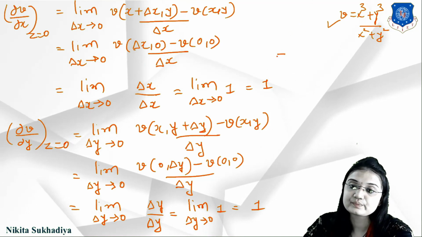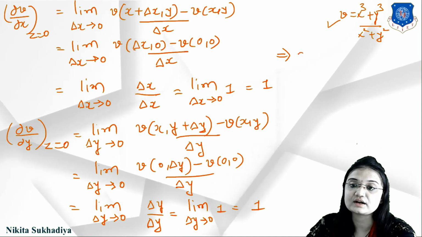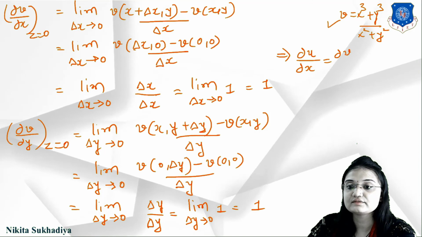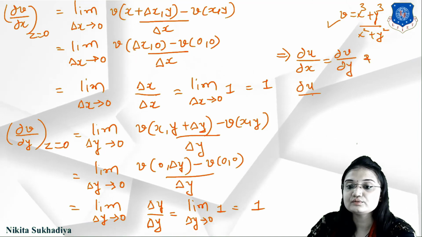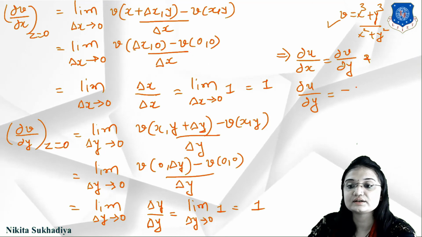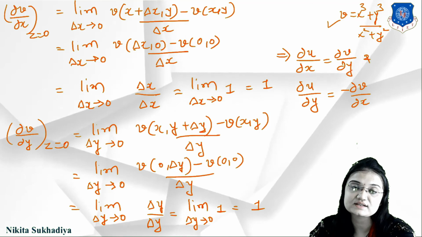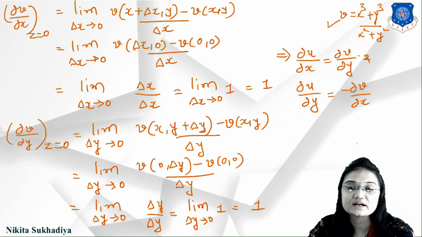So here according to the Cauchy-Riemann equations, we have the condition that if del u by del x is equal to del v by del y, and del u by del y is equal to minus del v by del x, then both conditions are satisfied, and we can say that the CR equations are satisfied.